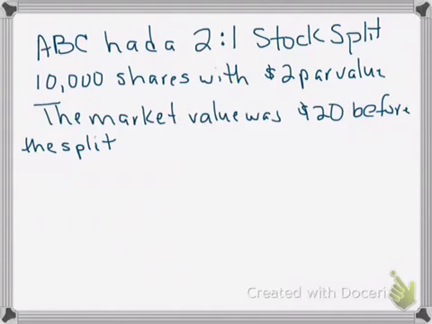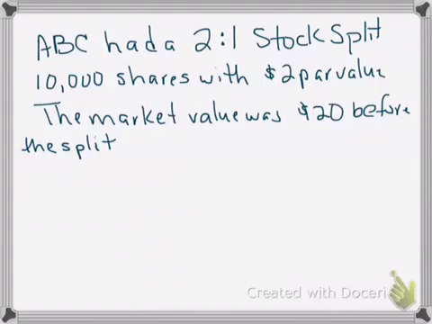The next one that we will look at are stock splits. So it says ABC had a 2-for-1 stock split. Outstanding shares before the split were 10,000 shares with a $2 par value, and they had a $20 market value. So what would the resulting amounts be after the split?